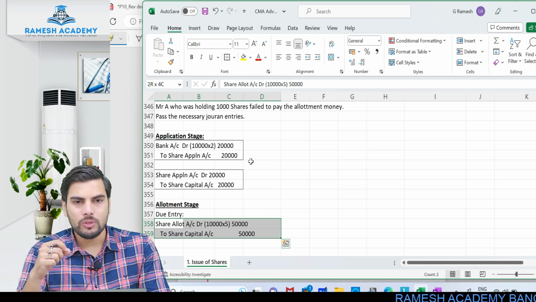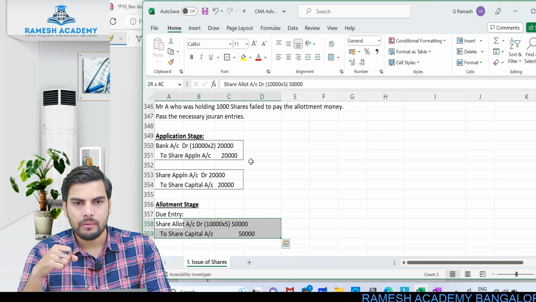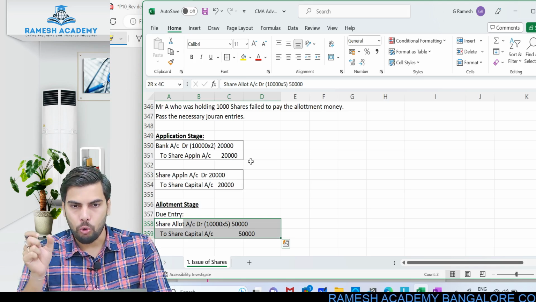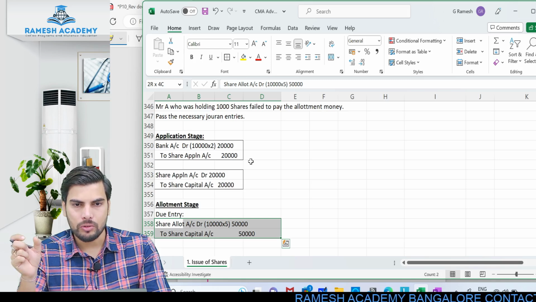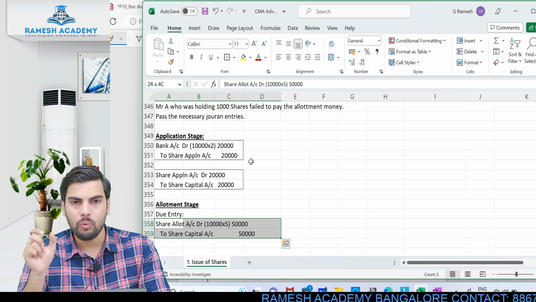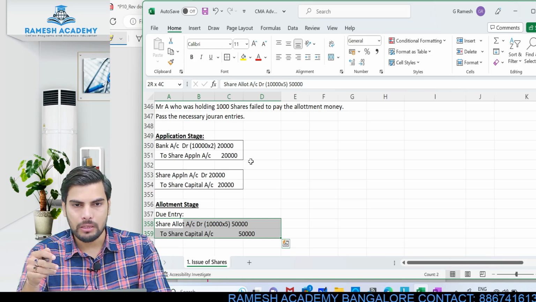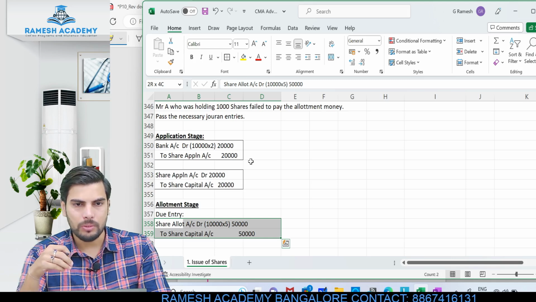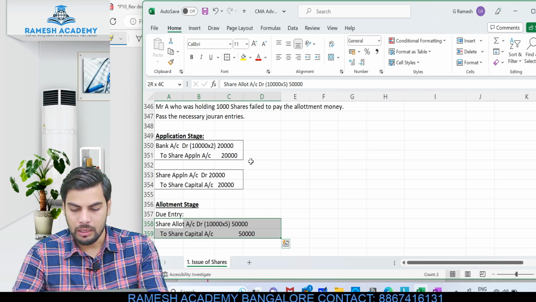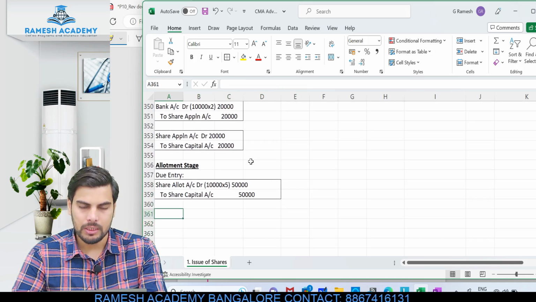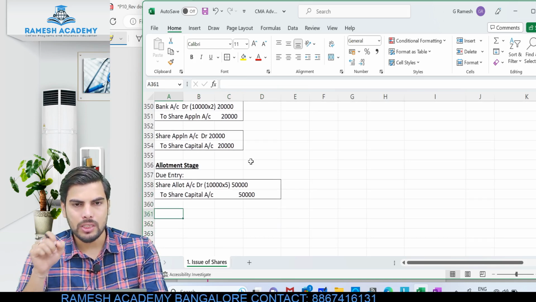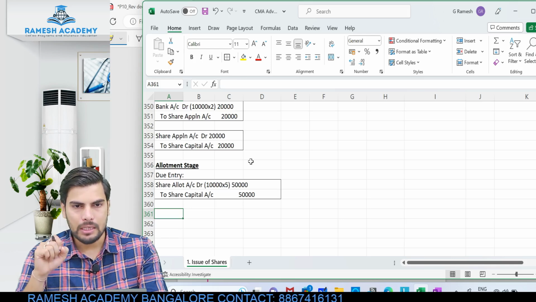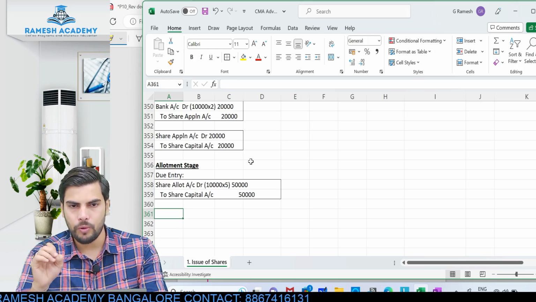But actually I would have collected the amount only for 9,000 shares, because Mr. A did not pay. It means the amount is still in arrears from this person, Mr. A. Now the entry would be like this. Calls in arrears, is it receivable or payable? It is receivable, which is an asset, therefore we need to debit it.